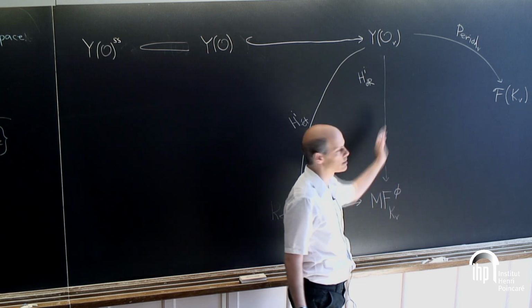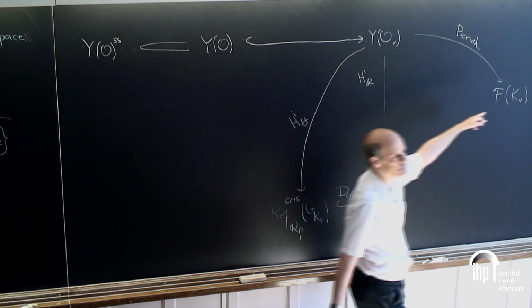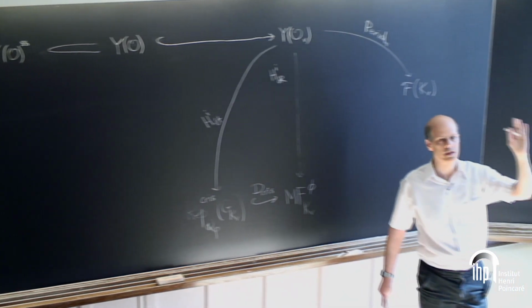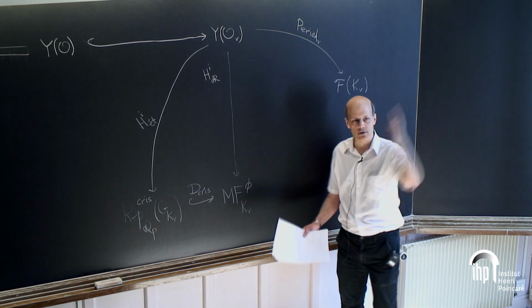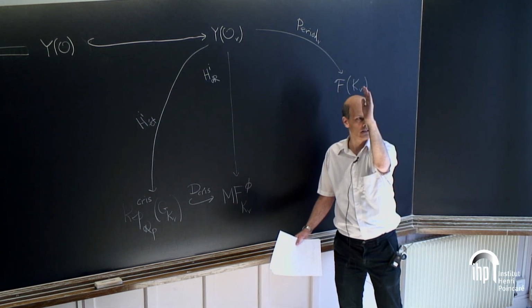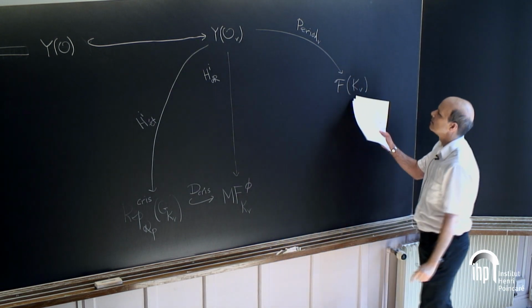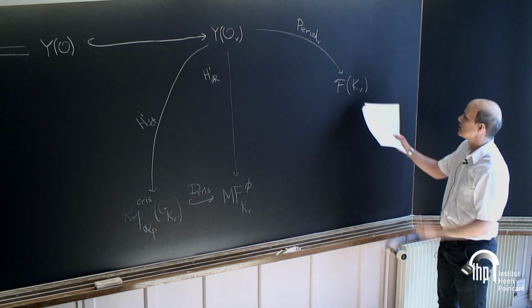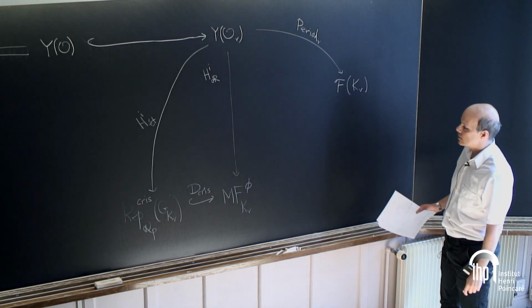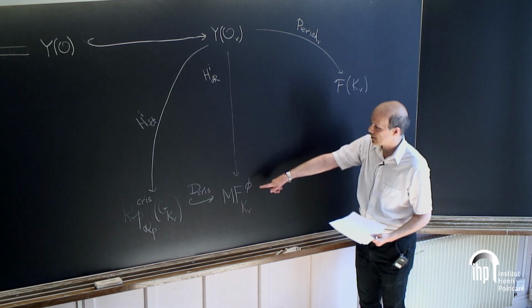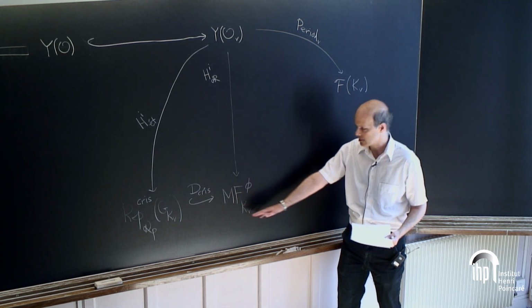So I need to somehow transport that. That's how the period map was defined: you transported the filtration on some other cohomology horizontally to get a filtration on the one de Rham cohomology above y0. But in doing this, I've forgotten the information about how to transport. Here I just have the vector space with the filtration.